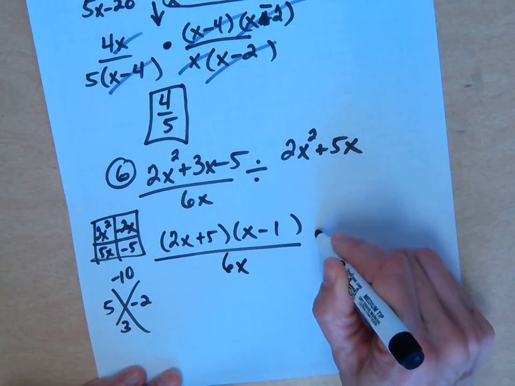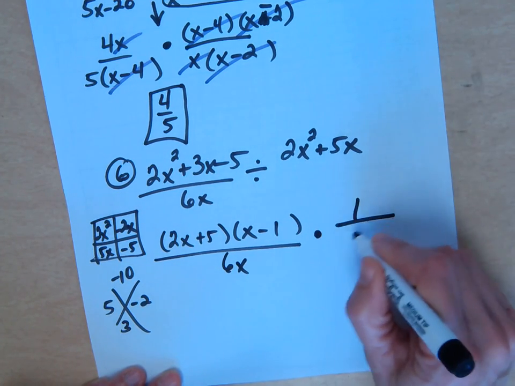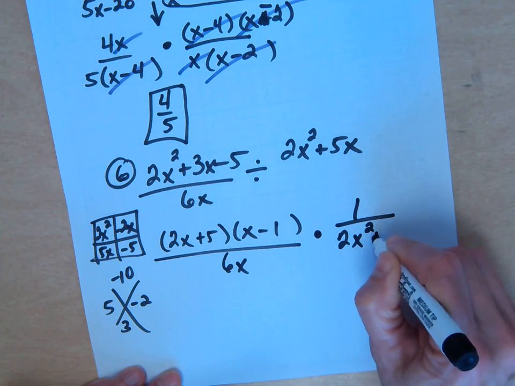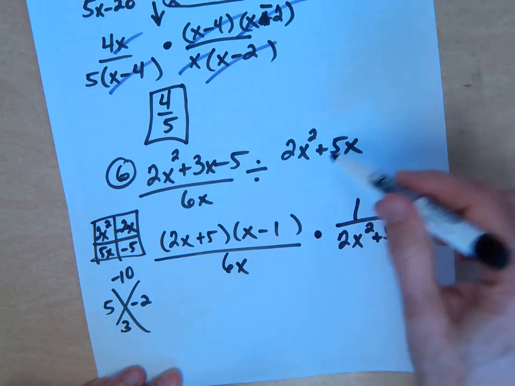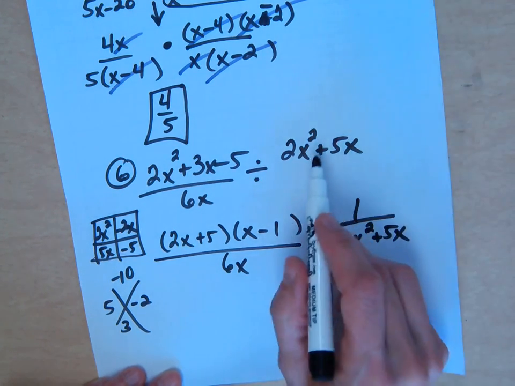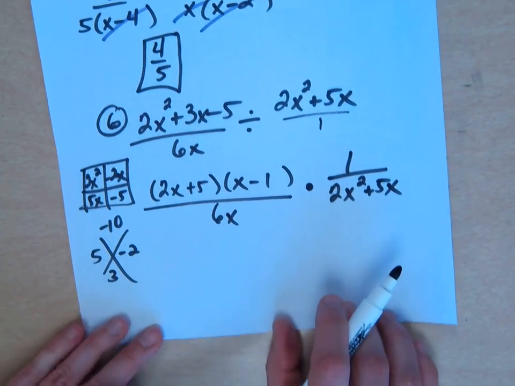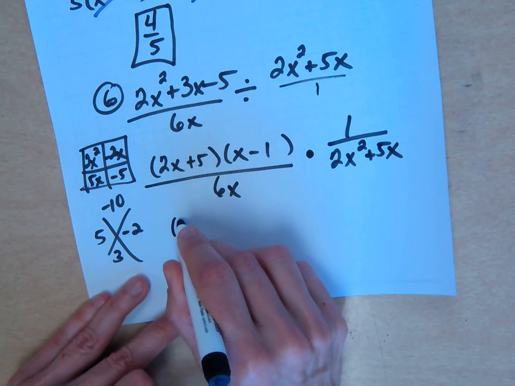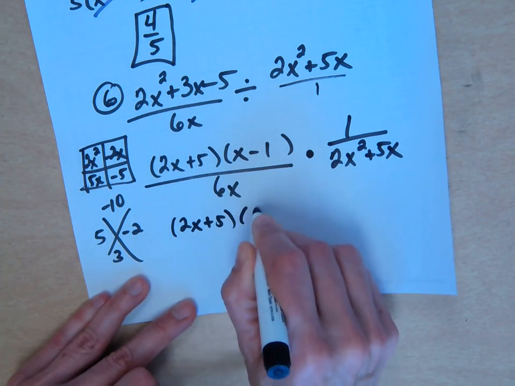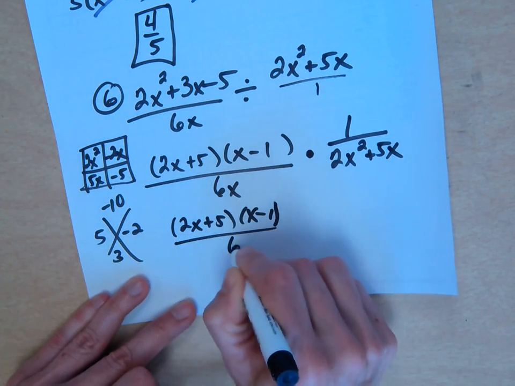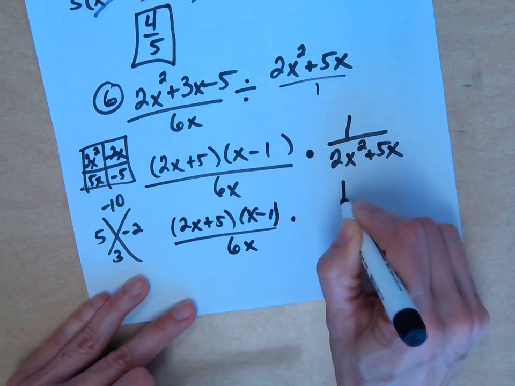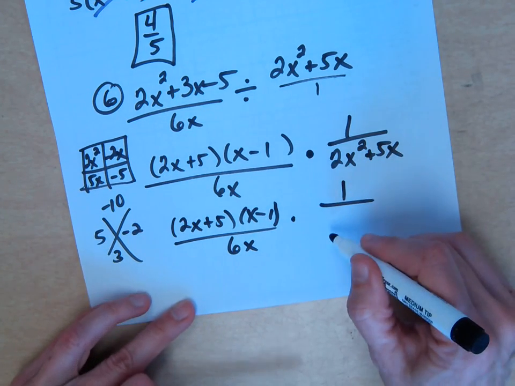So this is times 1 over 2x squared plus 5x, because that's the reciprocal. Because this is invisible, it's over 1, but you can't see it. So we're almost there. So this is 2x plus 5 times x minus 1 over 6x, and we've got to factor this. What can we take out?